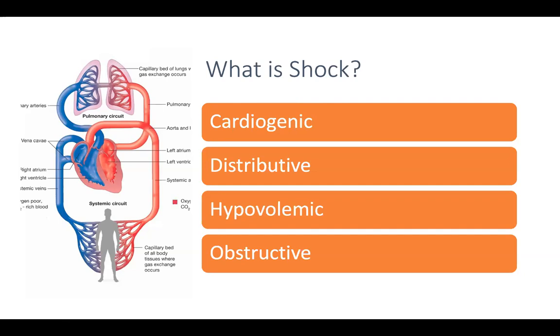Is he shocked? You have to answer here, yes or no. And the examiner might ask, what is the definition of shock? Or what is the type of shock this patient has? All of these might be questions the examiner might ask. I will take you through this slide in detail later as well.